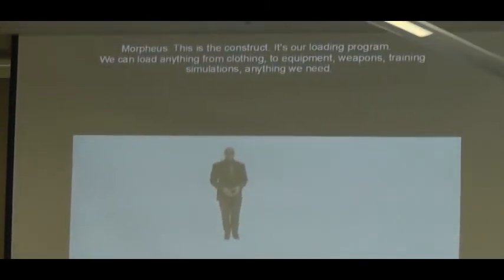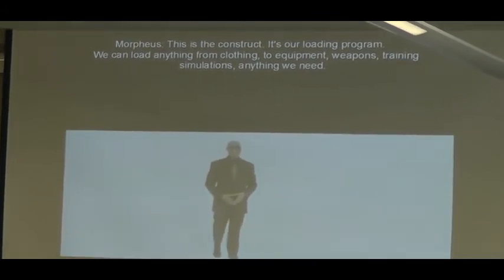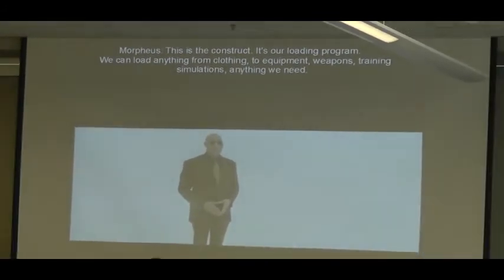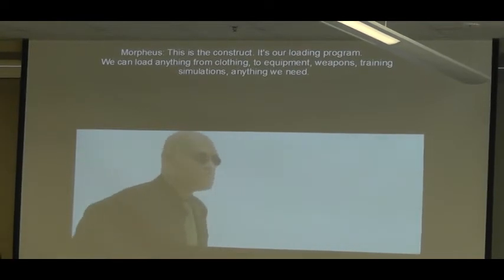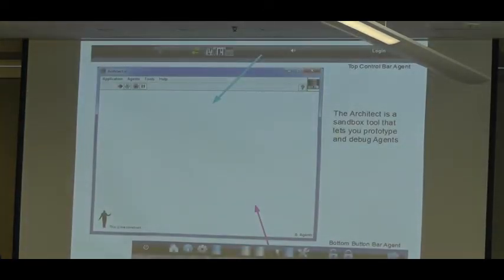You can't hear the sound on this, so I put the quote there. But this is kind of the dramatic, fun way of thinking of it, right? So we've got this open space application, which is like the Matrix. It's just a blank white space. And then we can insert into that anything we want. And hopefully, we're not doing weapons and training simulations, but we're going to do other things.